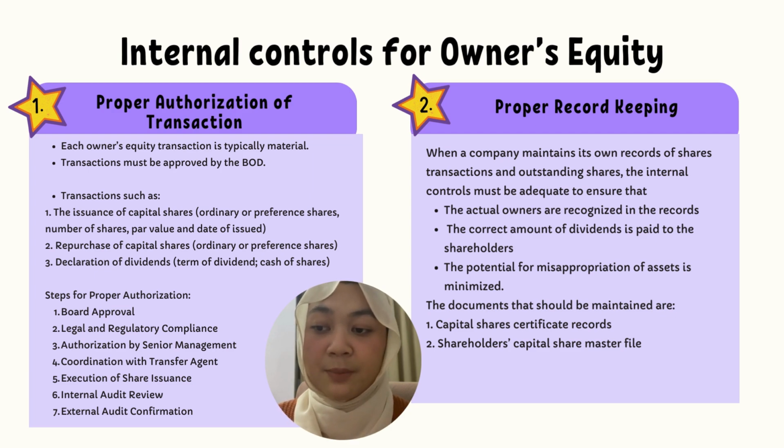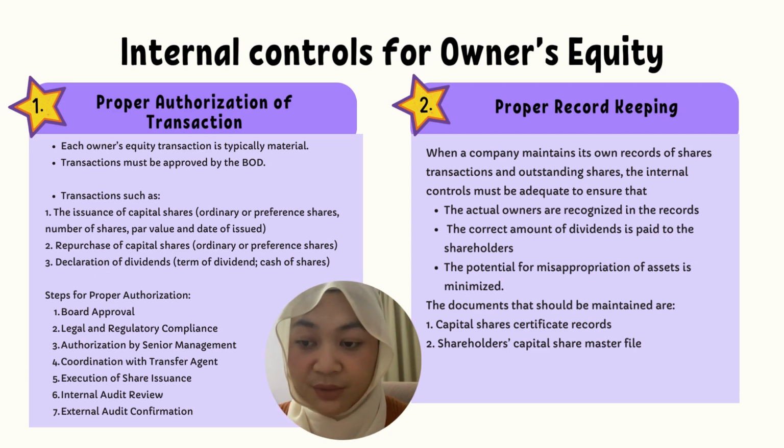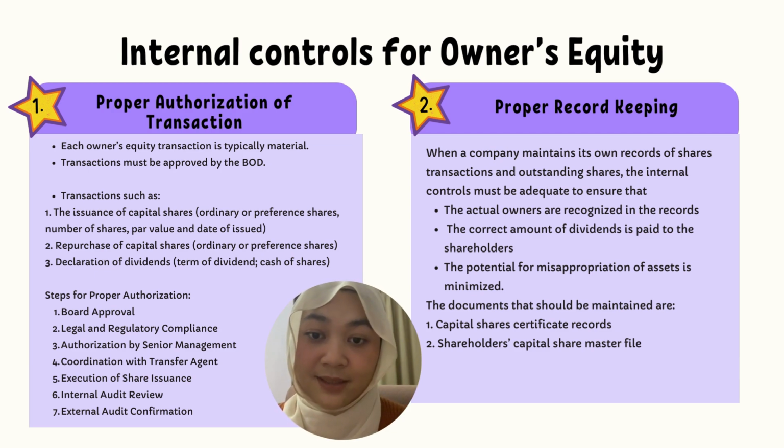There are a few steps for proper authorization that could be taken, such as board approval, legal and regulatory compliance, authorization by senior management, coordination with transfer agent, execution of share issuance, internal audit review, and also external audit confirmation.